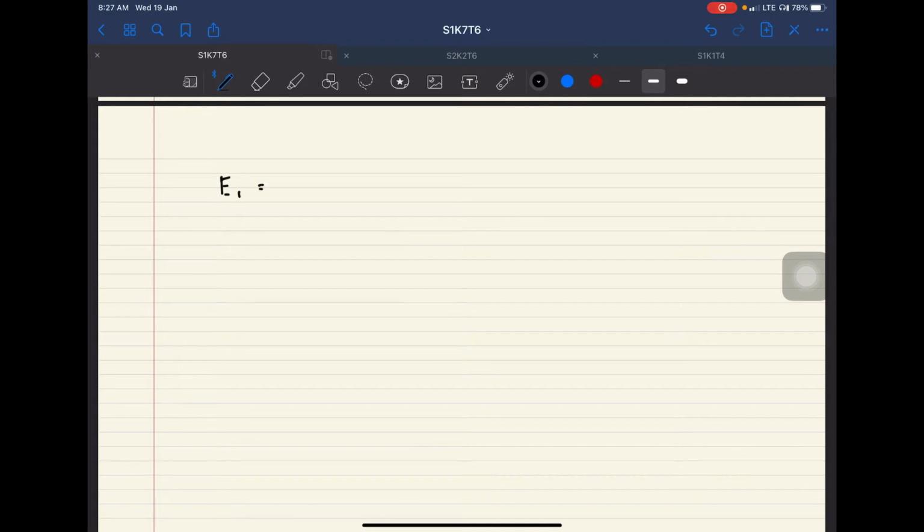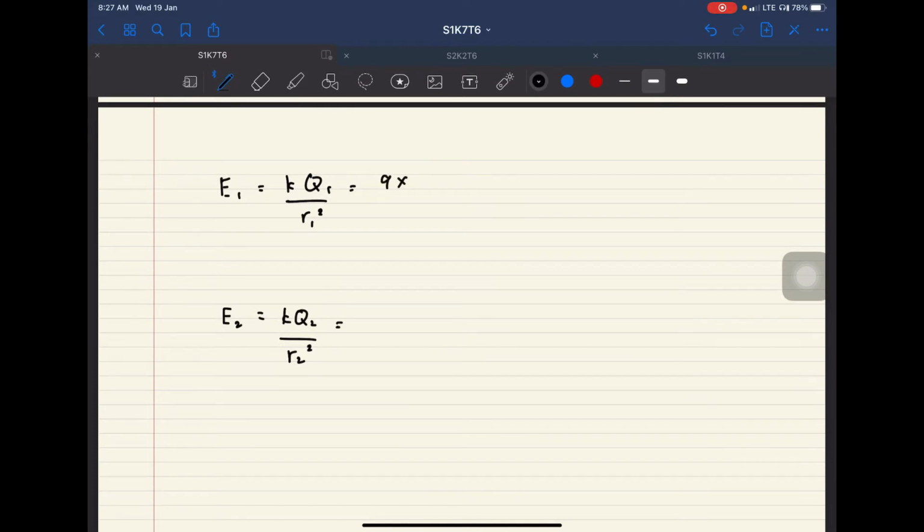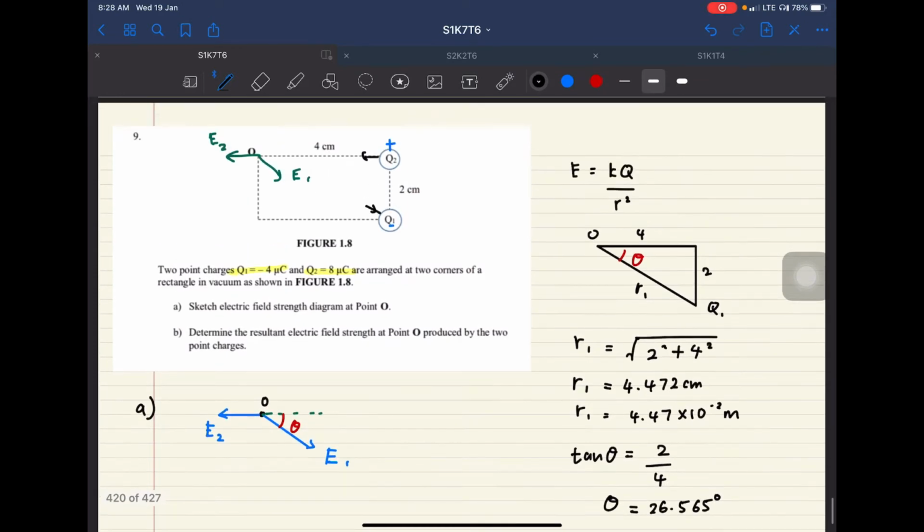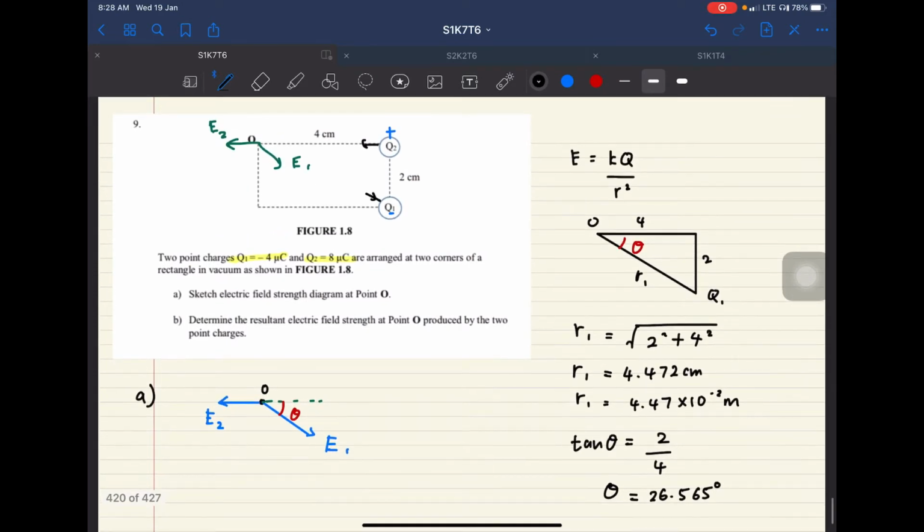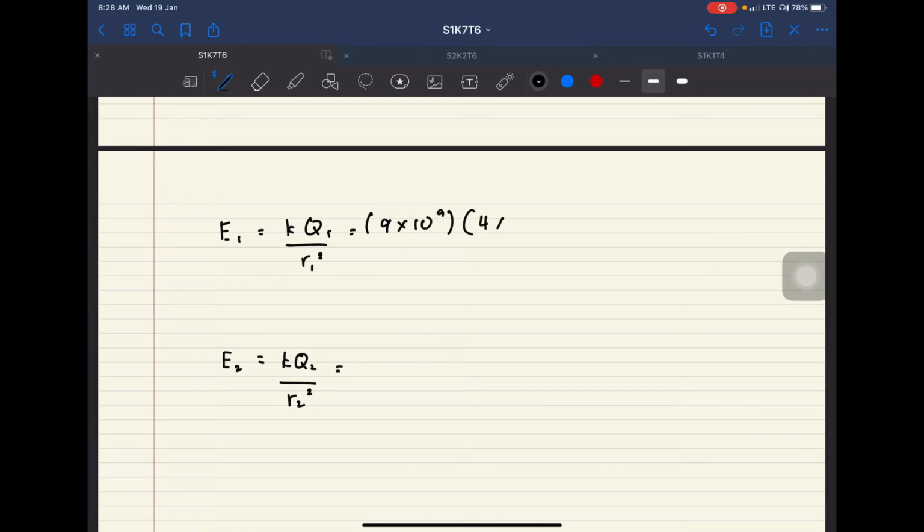Next part, maybe you can find the individual E first. So E1 and E2. Use the same formula, Q1 over r1 squared. Okay, this is a vector equation, so you don't have to substitute the negative values. Q1 is 4 microcoulomb, and then r1 we calculated just now, 4.472.